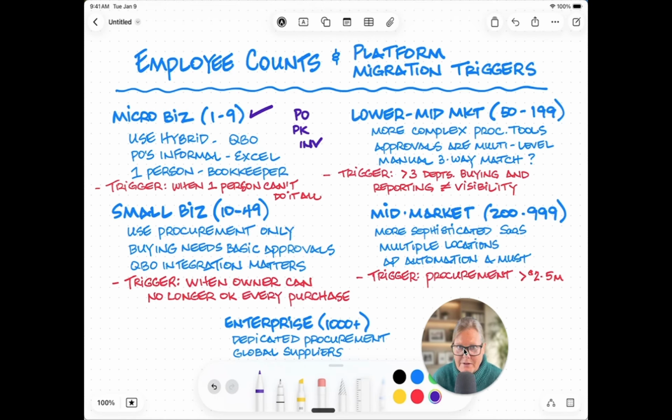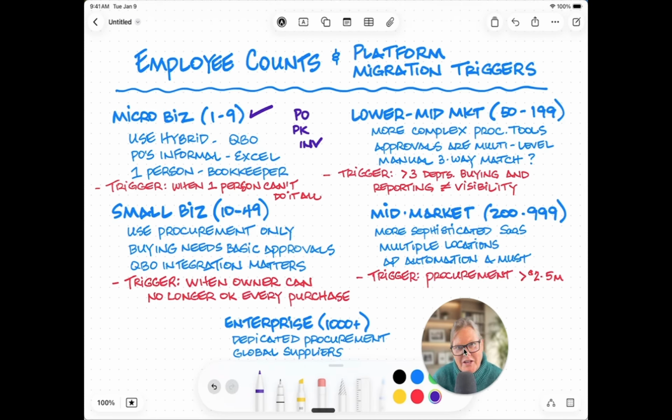You have two or three offices maybe in your state, and you require something more focused on the procurement side, because that's where you most likely leak money. You want very sophisticated approvals, spending limits, and measures in place so you can keep track of the money going out. And of course, if you get to perhaps the $2 million mark or more, you would go to something even more sophisticated.